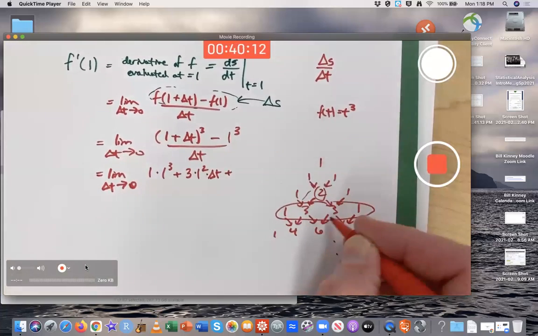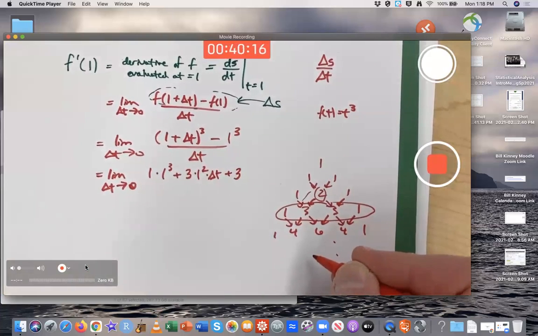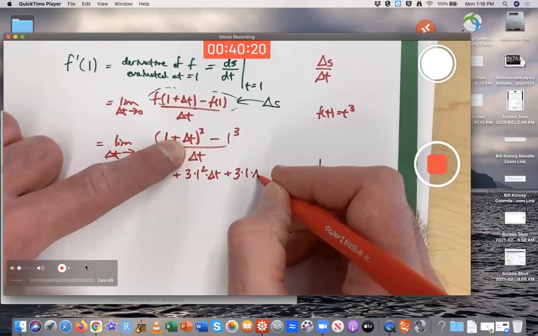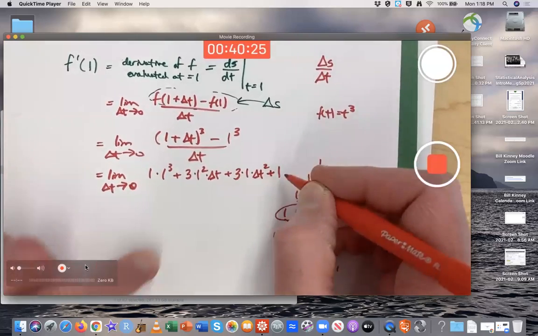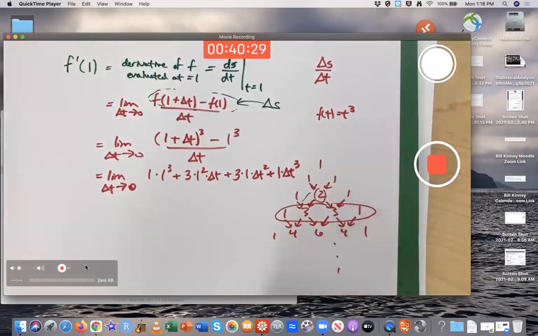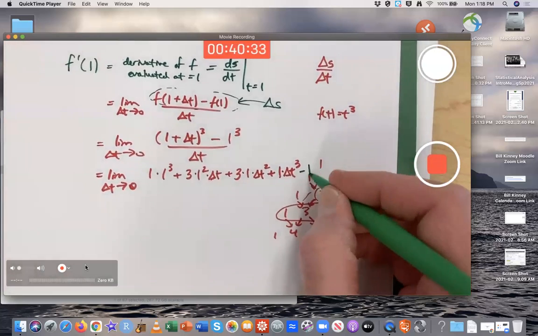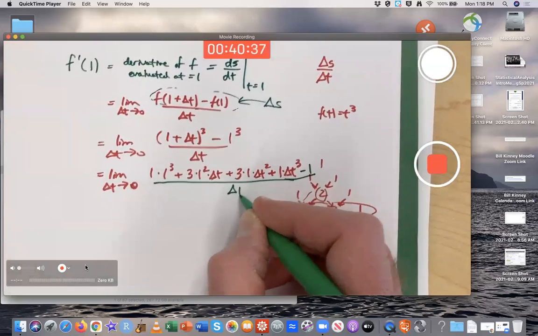Then you go to the next term, 3 in the Pascal's triangle in this row, times this thing to the first power times this thing squared. And finally, you write down the last number, 1 times the second thing cubed. And I'm running out of room. Don't forget about subtracting 1, and don't forget about dividing all of this by delta t.